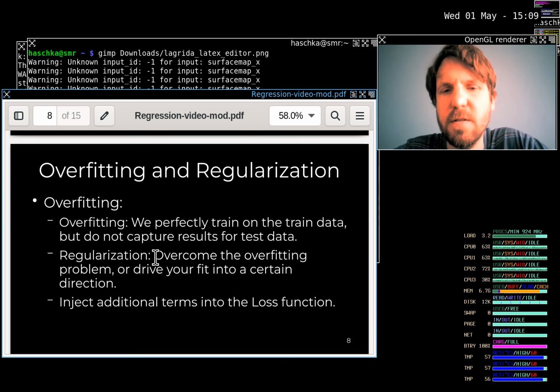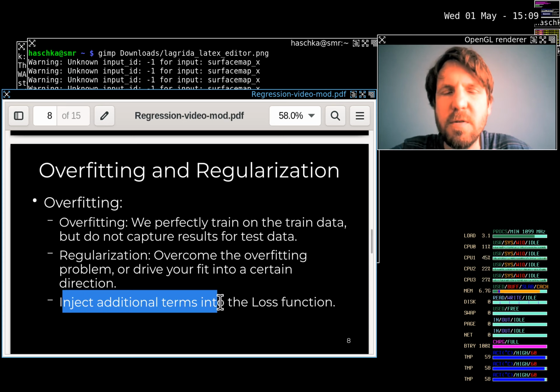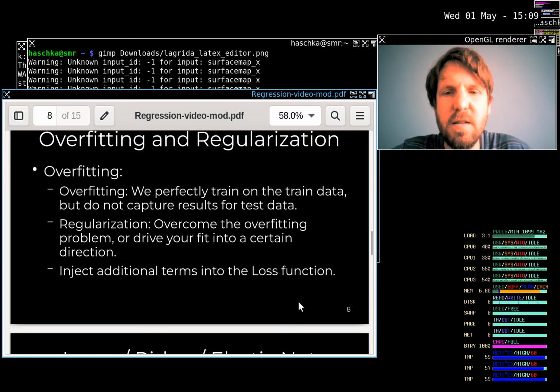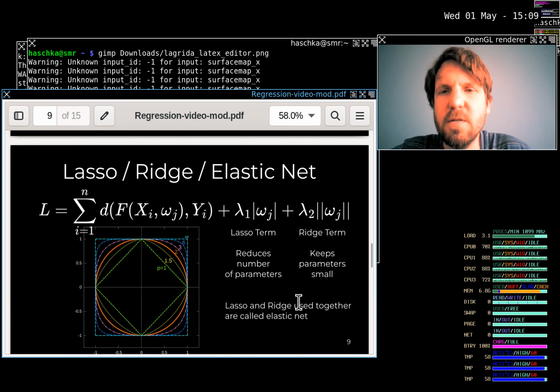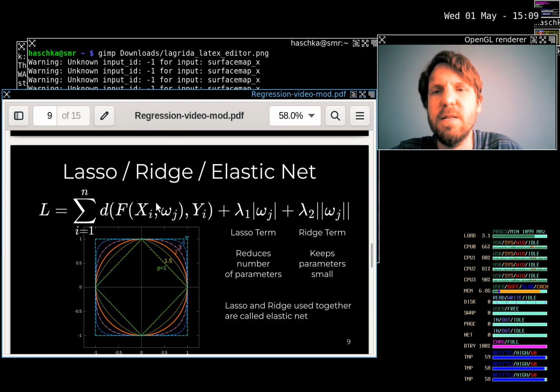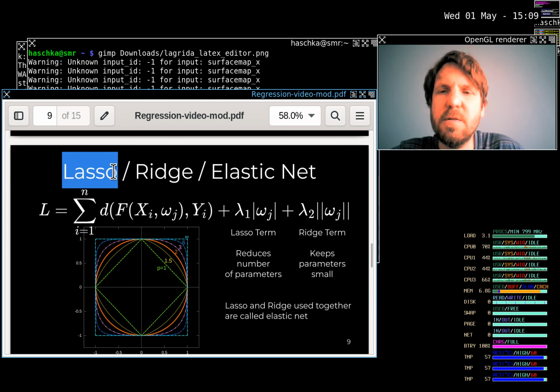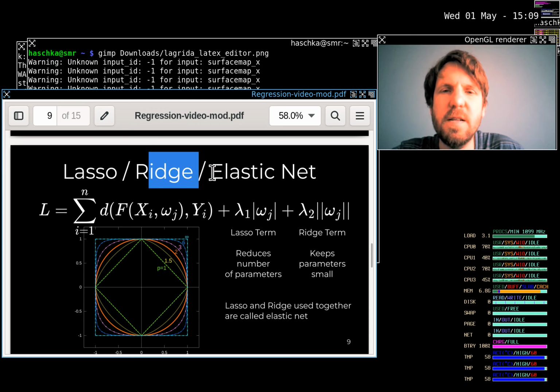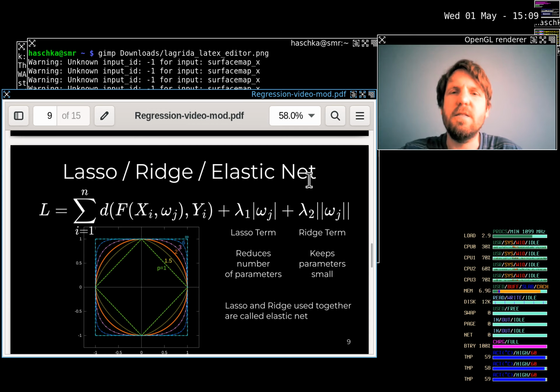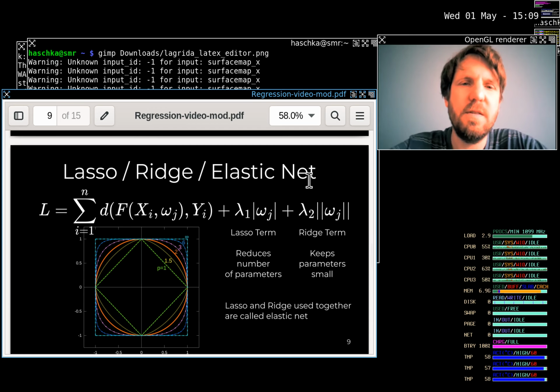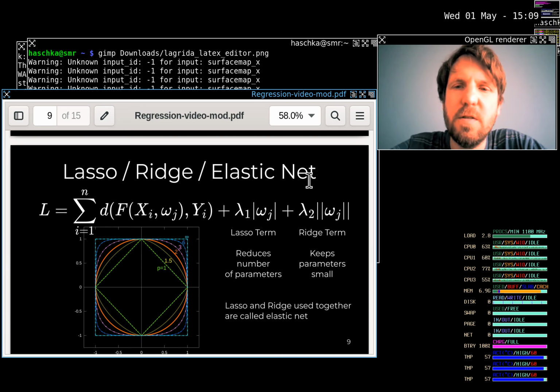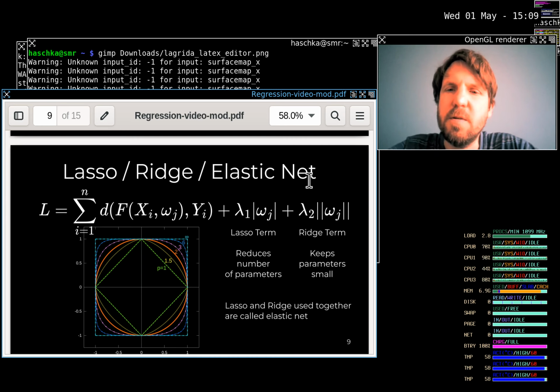This is very often used: injecting additional terms into the loss function. And what do these terms look like? Very frequently, just so that you know this, because you will probably read it in the literature, we talk about the lasso, the ridge, and the elastic net. These are all similar terms that you can inject into the loss function. So let's look at our modified loss function.